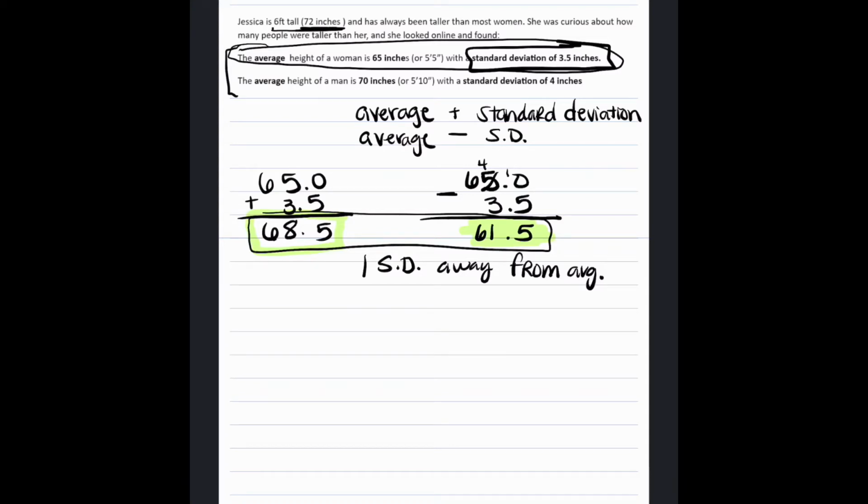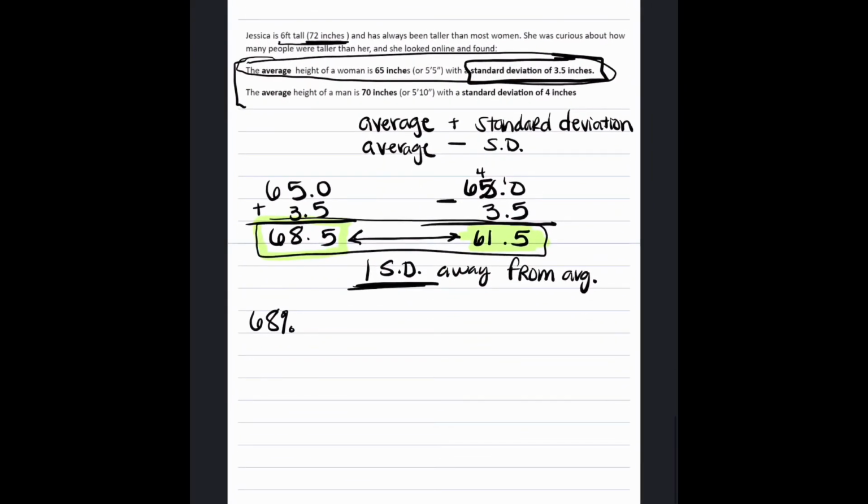And what's significant about knowing that is that 68% of your data is going to be within one standard deviation of the average. So what that means for this particular problem, since we're talking about women's height, is that 68% of the women surveyed are between these two heights.